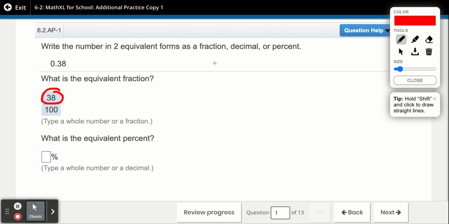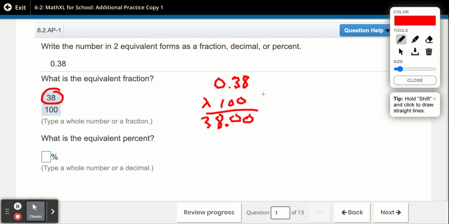Another thing we can do is if we want to find the percent, we can just take this 0.38, and we can multiply that by 100. And you find that it's 0.038 with 2 decimal places.